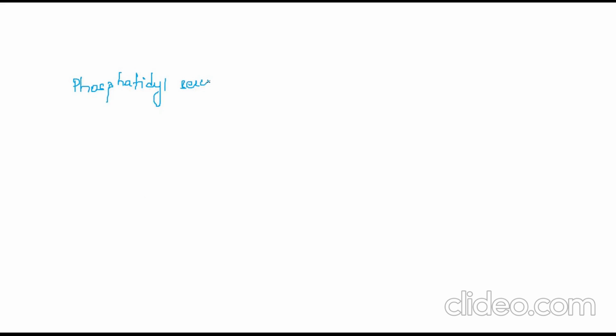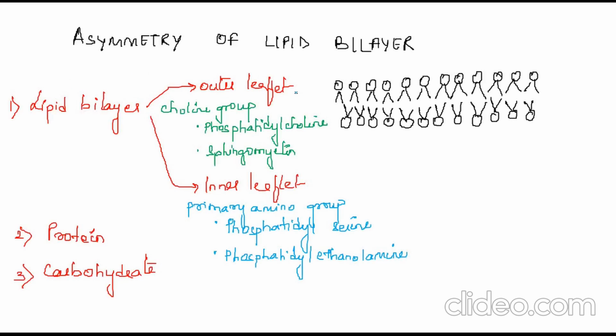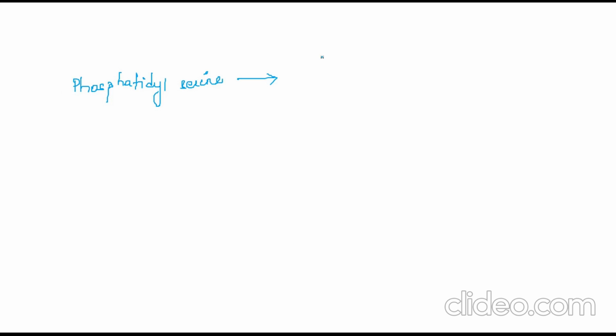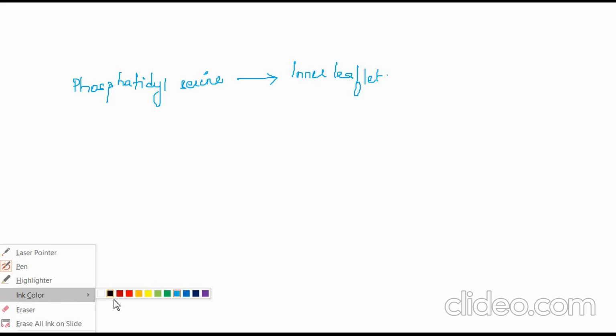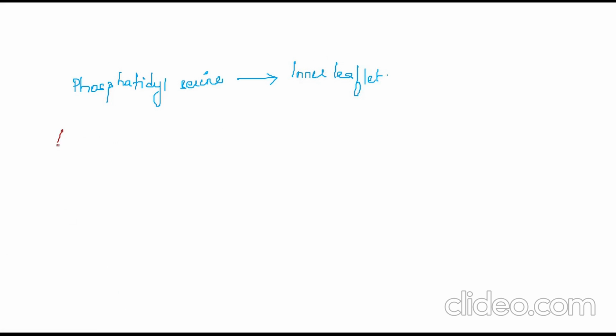Another important point we need to remember is phosphatidylserine. Where is it present? It is present in the inner leaflet, as we saw in the last slide. But in case of apoptosis, what happens? There is a change.